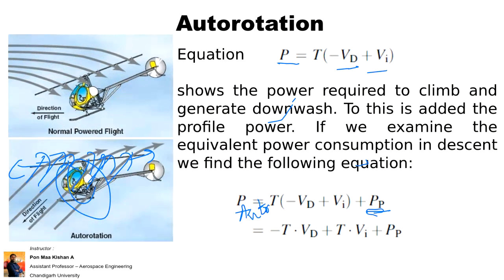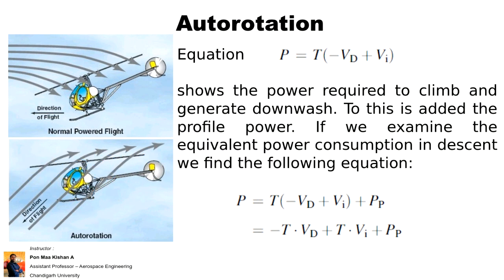auto rotation, right? But overall we have to say that when the power turns to zero, the mechanical power which we are giving turns to zero. So if I am applying this, total power is equal to zero.